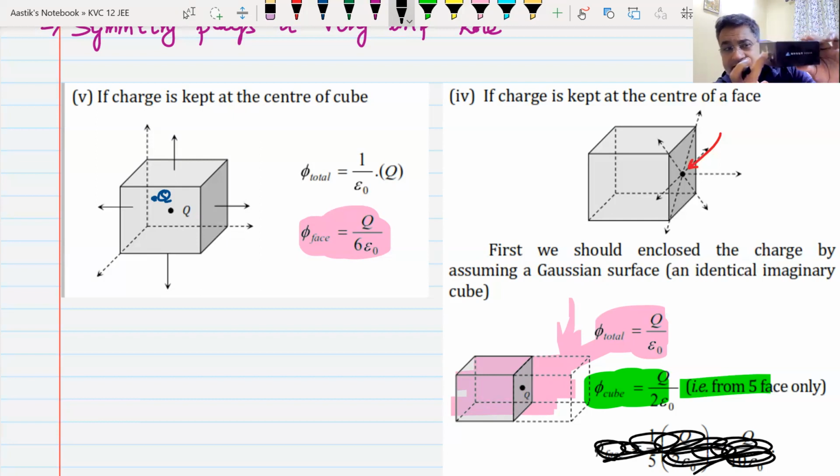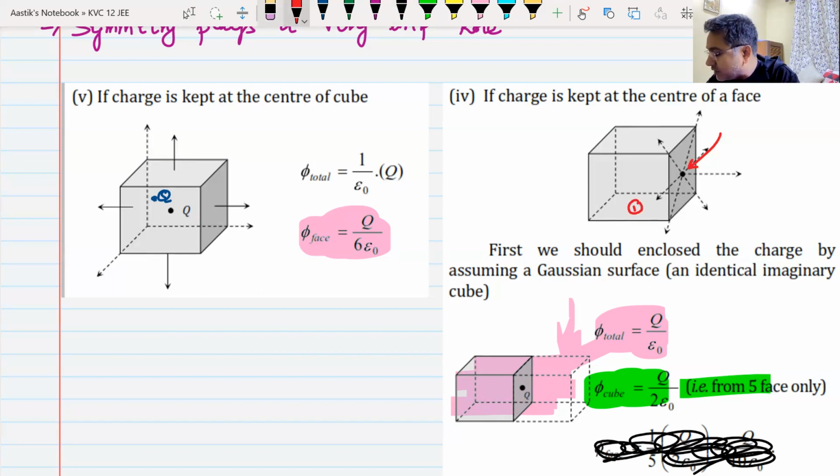Now there are 5 more faces here: number 1, number 2, number 3, number 4, and number 5. What you have to look at is the symmetry. Through which faces is the flux going to be the same, and through which face is it going to be different? Let me name it for you. Let me call this lower face as face number 1.